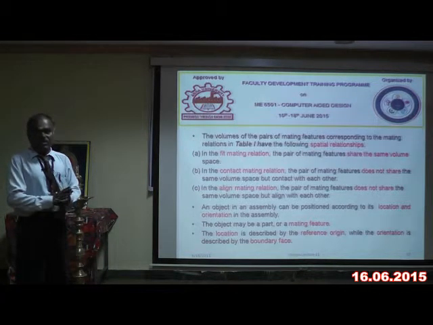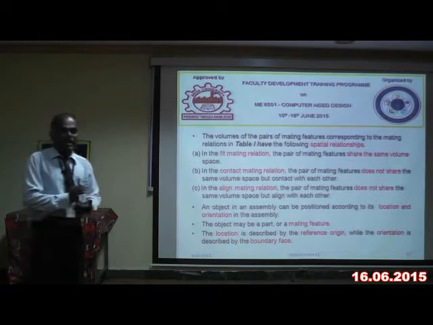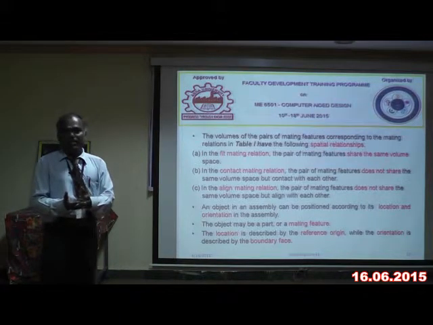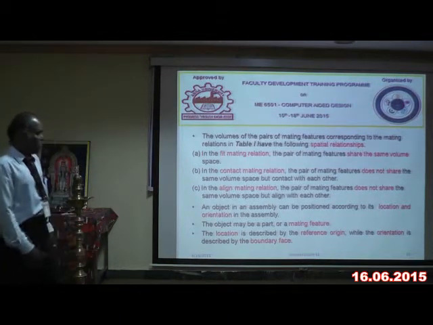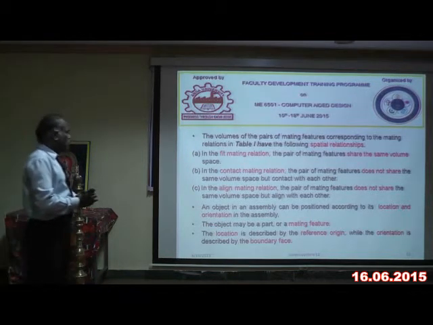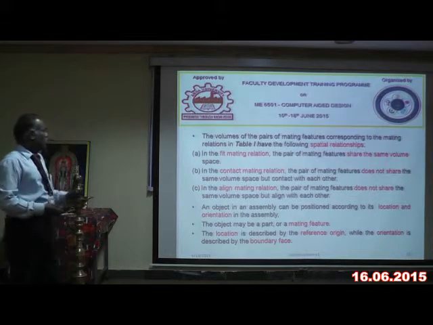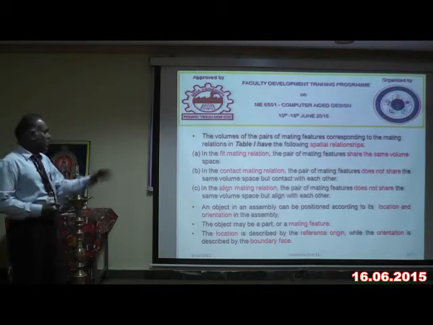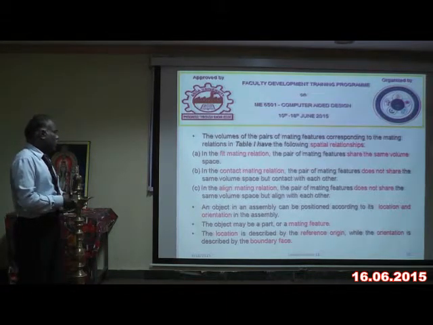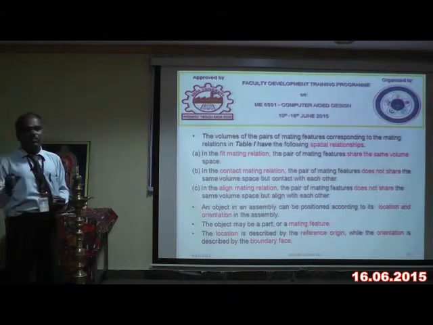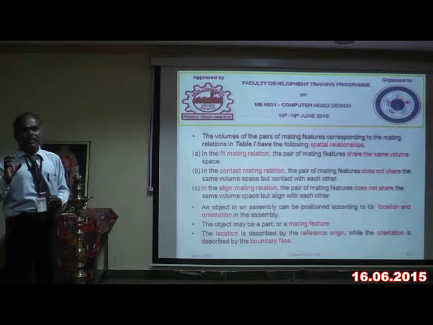When the features are considered as space, any one set of pairs, the parts are considered as solid. And then next, the volume of the pair of mating features corresponding to the mating relation. Already we have seen the 8 features. The spatial relations: all the features should be placed with reference to the coordinate space.